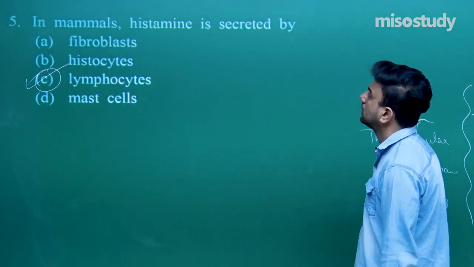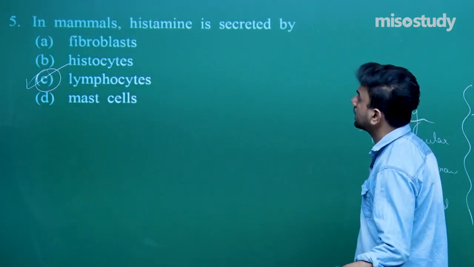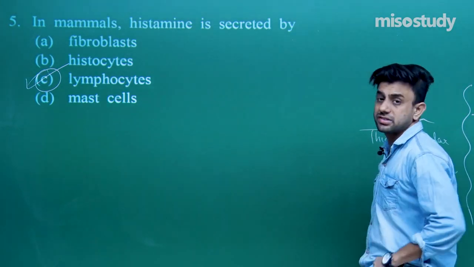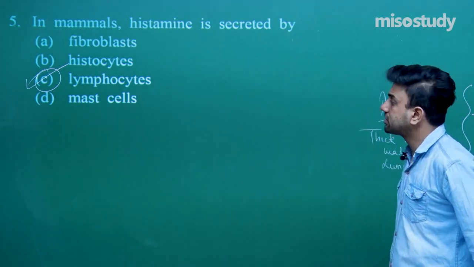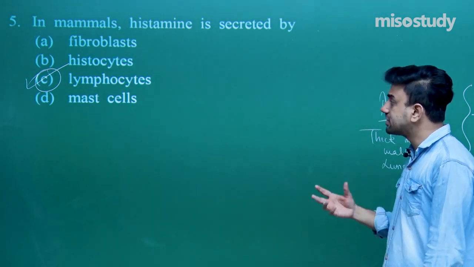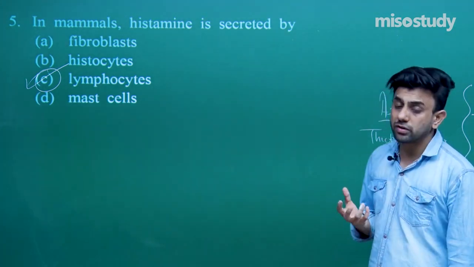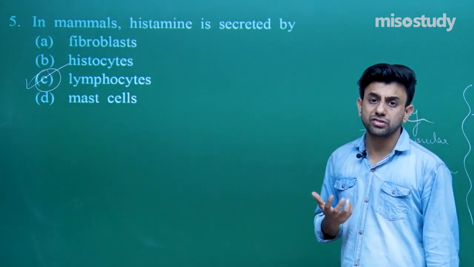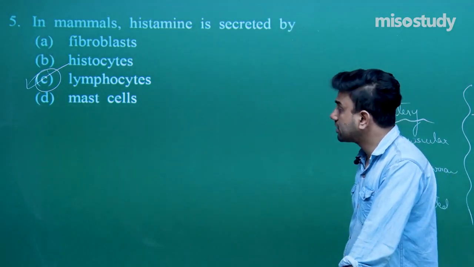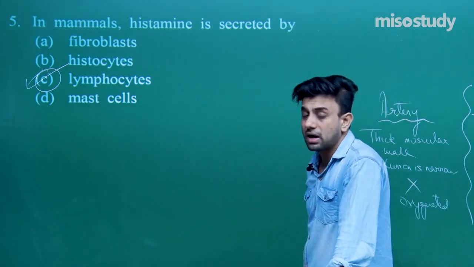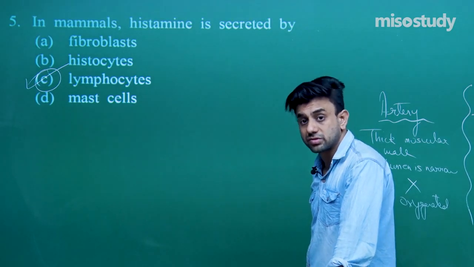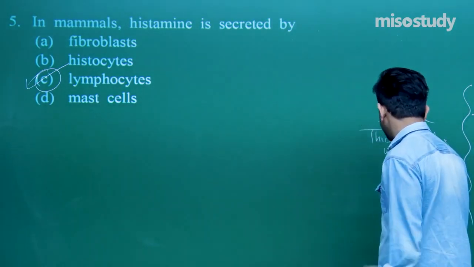In mammals, the histamine is secreted by the mast cells, right. Histamine is a potent vasodilator, and these mast cells are highly present in the connective tissue cells.